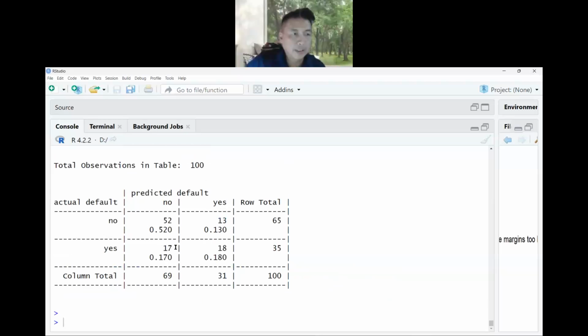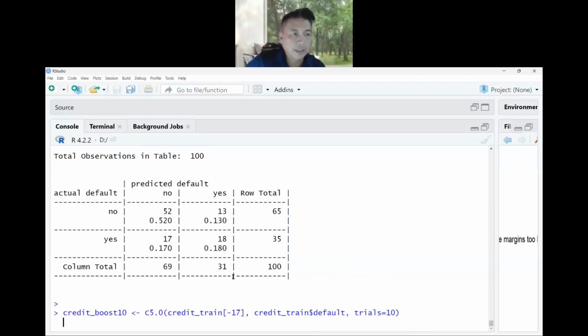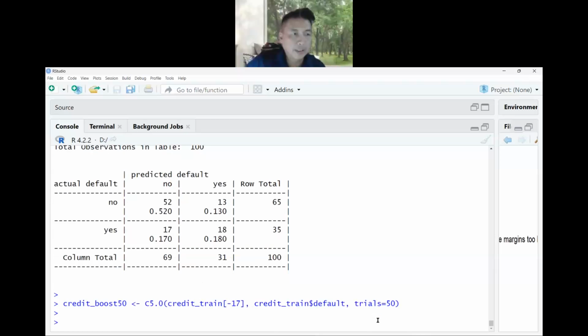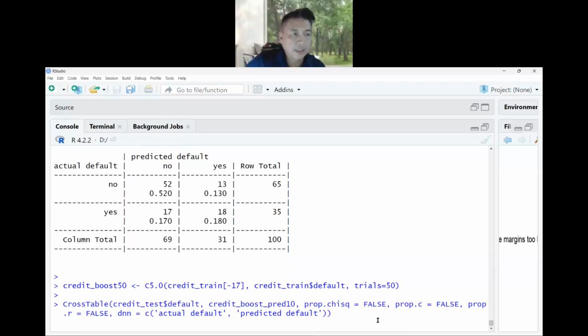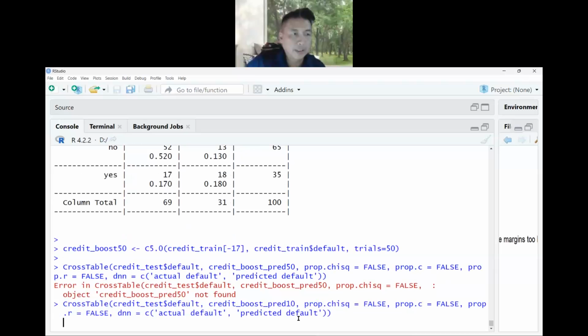Thirty also, 13, 30. So if I could repeat them, let's say I'm using 50 trees. So 50 times I construct the tree, and then if I cross table using this 50, I will get 50 here.